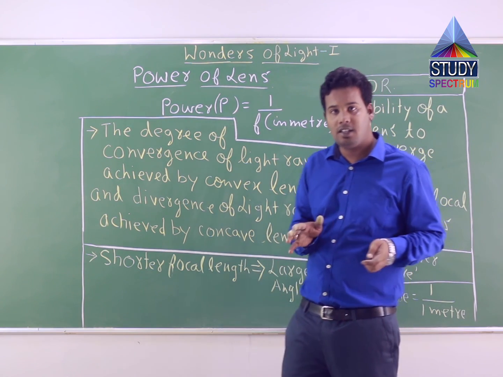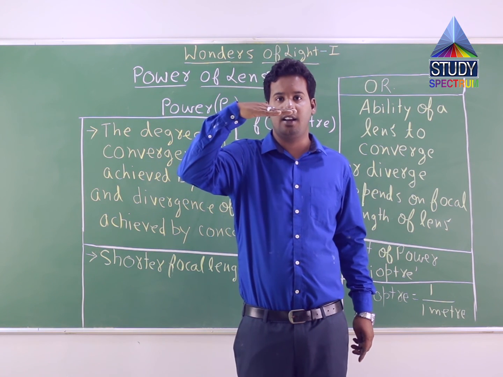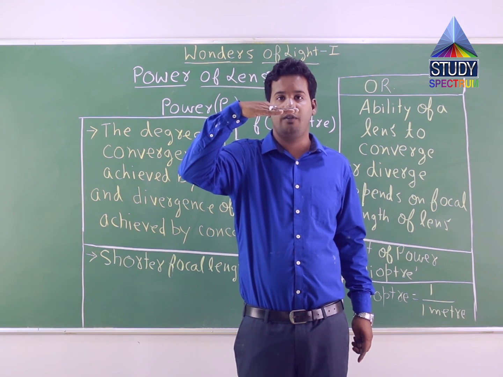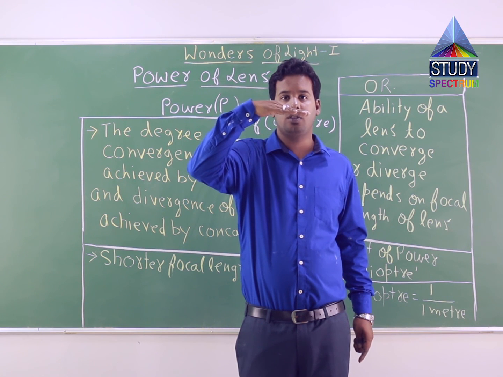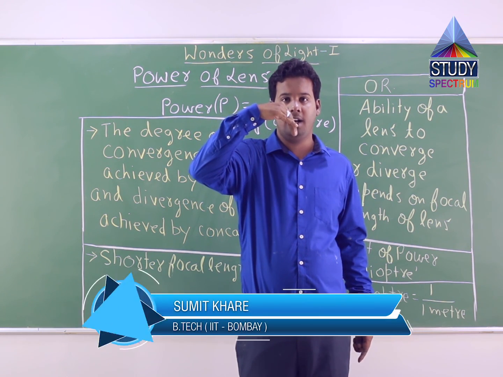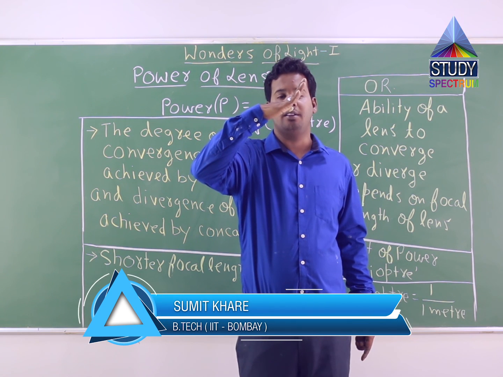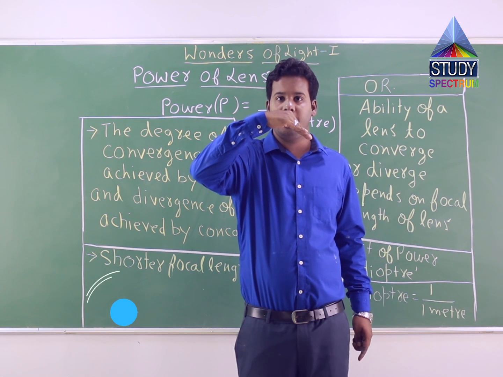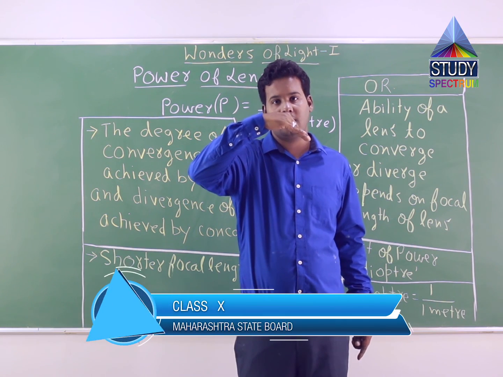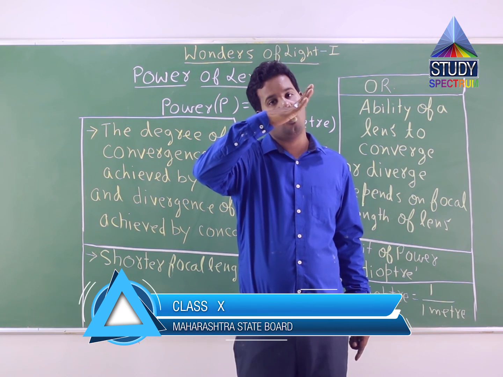The only difference is if suppose this is the incident ray and it is going to fall on convex lens, then the only difference is convex lens will produce angle in this manner, correct? And concave lens will produce angles in this manner. Why? Because this is bending of light or convergence of light, which is the property of convex lens, and this is divergence of light, which is the property of concave lens.